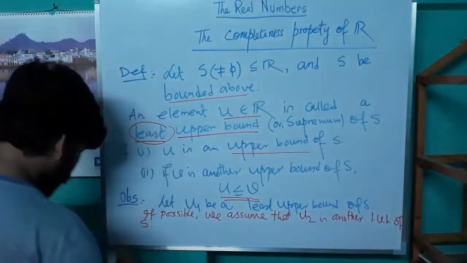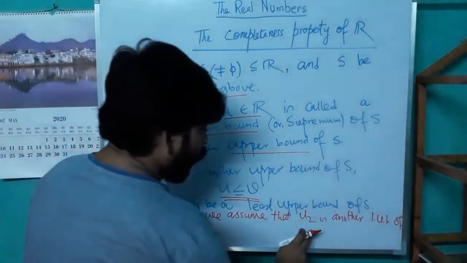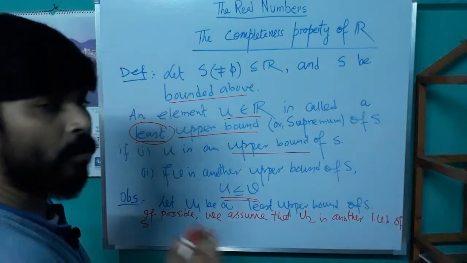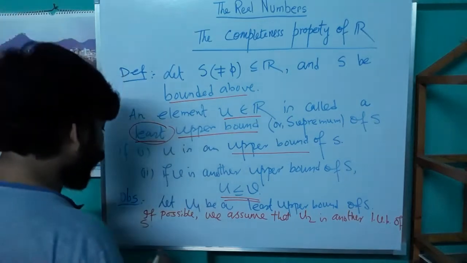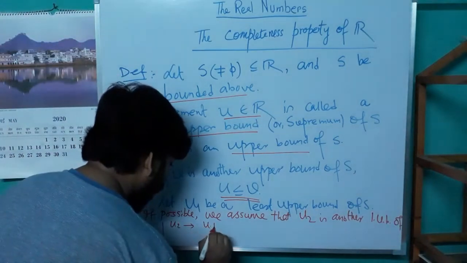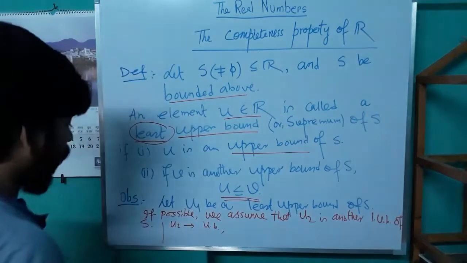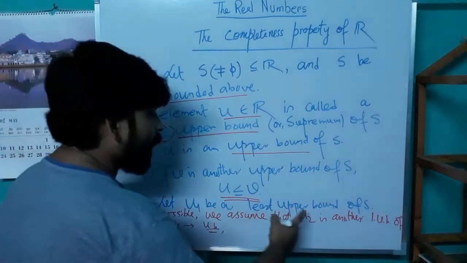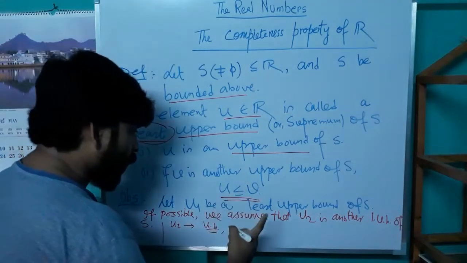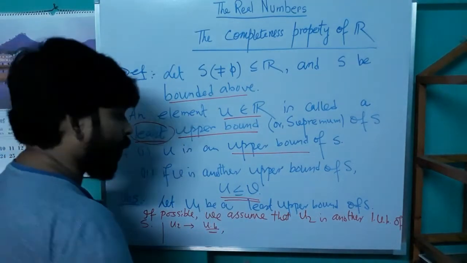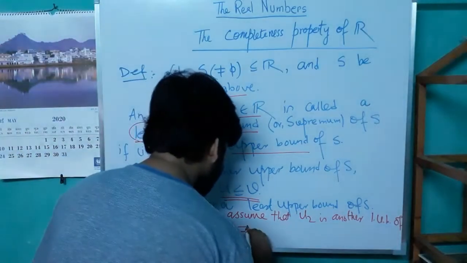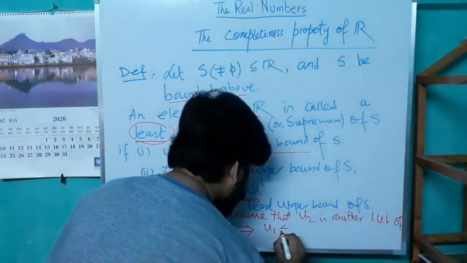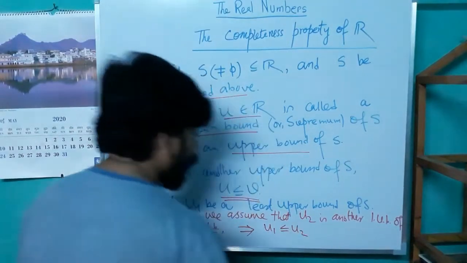Given u2 is a least upper bound, so u2 is obviously an upper bound. It is also given that u1 is the least upper bound. So u1 is the least upper bound and u2 is an upper bound. So by definition of least upper bound, since u1 is least, u1 must be less than or equal to u2.